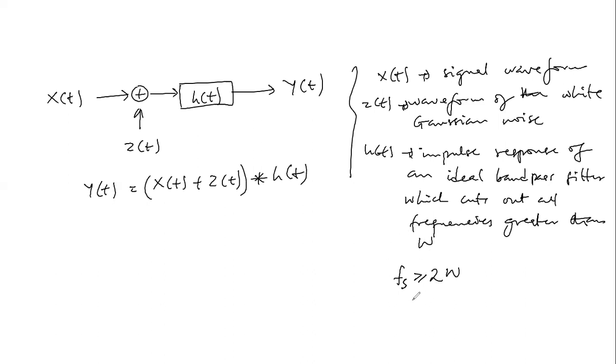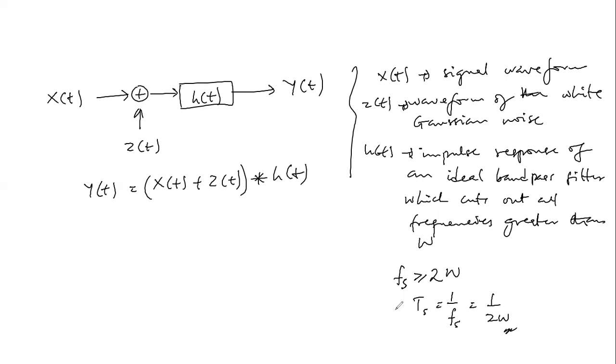So it means that here, the sampling period, T sub S, will be the same as the inverse of the sampling frequency, which will be the same as 1 over 2W, okay? So sampling a band-limited signal at a sampling period 1 over 2W, or 1/2 of this bandwidth, is sufficient to reconstruct the signal from the samples.